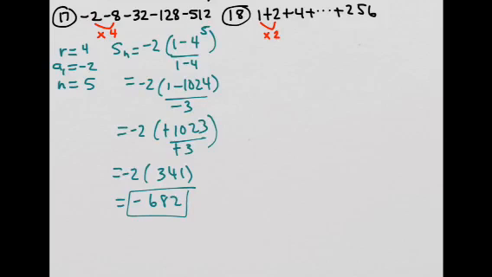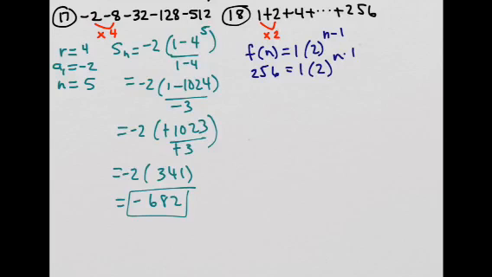So we have to find the number of terms in the series and then find the sum. I can't get these values right now because I don't know what n is for this particular series. So I'm going to go ahead and do the explicit rule: first number times the ratio to the n minus 1, and replace f of n with 256. So 256 equals 1 times 2 to the n minus 1.